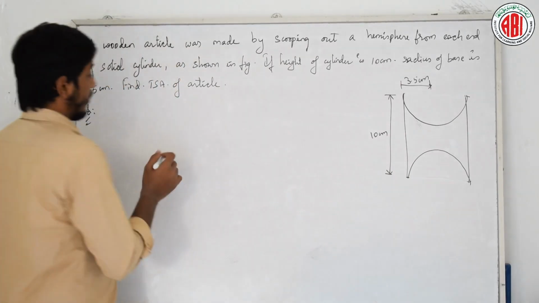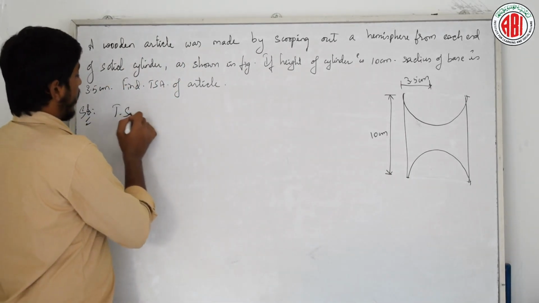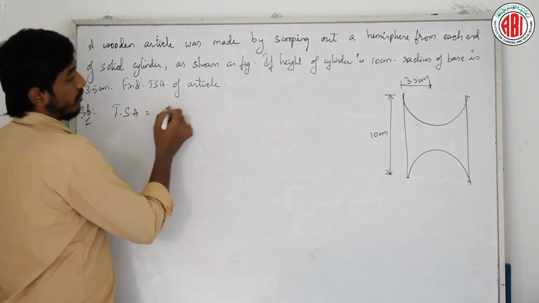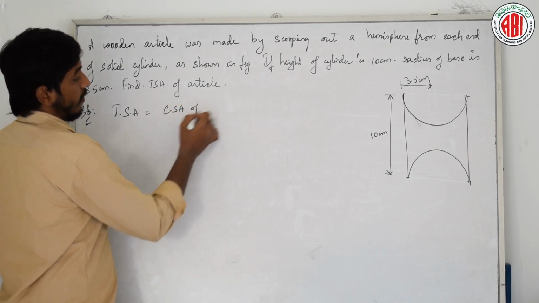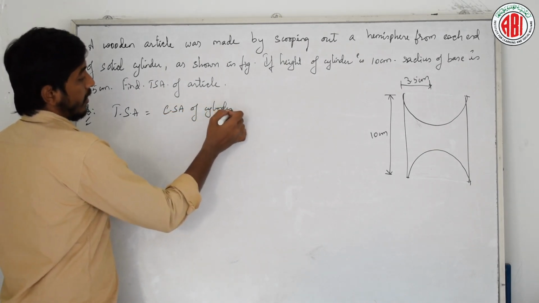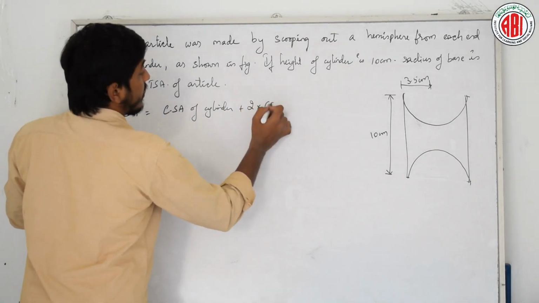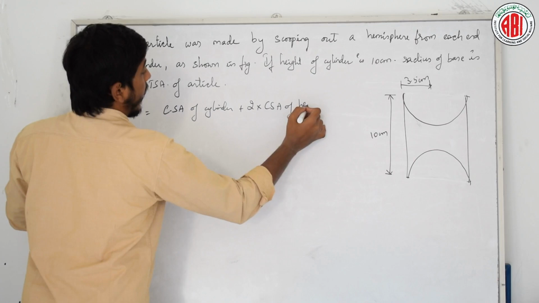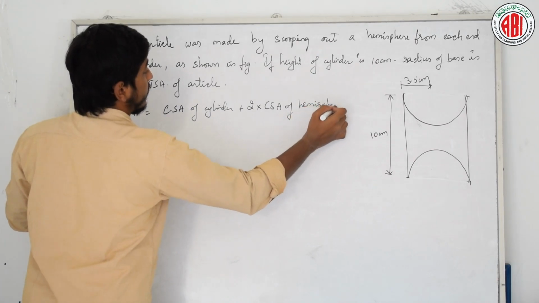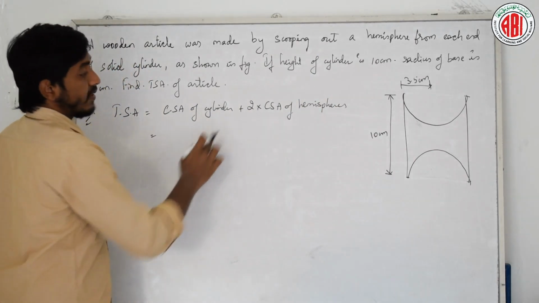Now tell me, what is the CSA of a cylinder? Let us write TSA is equal to CSA of cylinder plus 2 times CSA of hemispheres. Now tell me what is the CSA of cylinder?